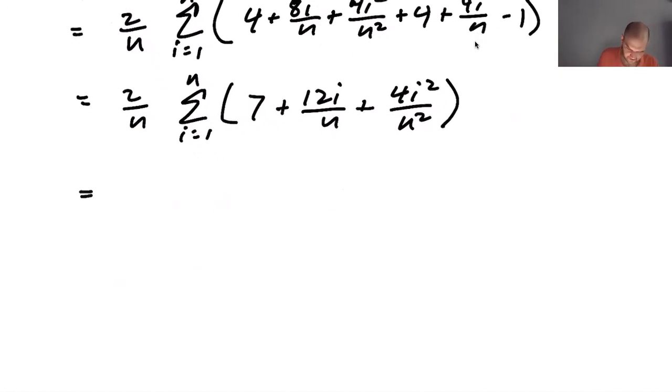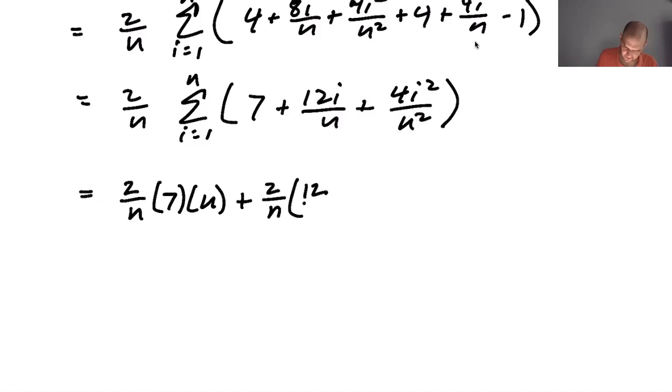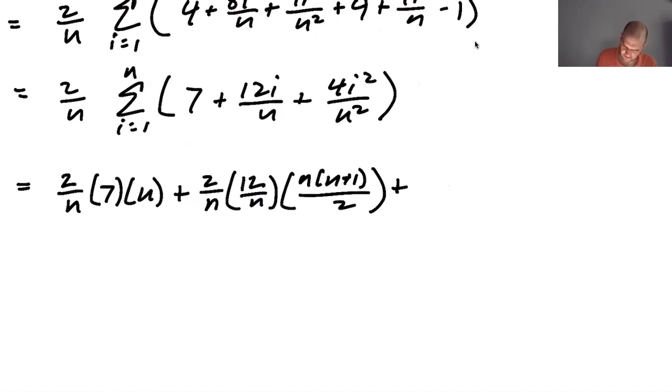I forgot it, obviously. So 2 over n, and then it's 7 and n plus 2 over n, 12 over n, and then n plus 1 over 2 plus 2. So I'm trying to write it out so that potentially I could go back and highlight some stuff, if the spirit moves.